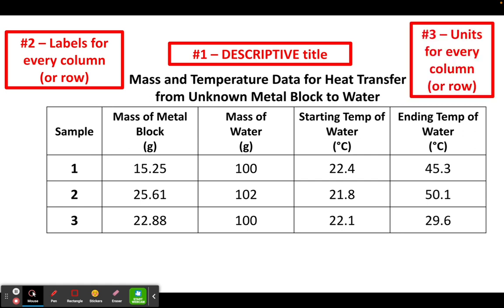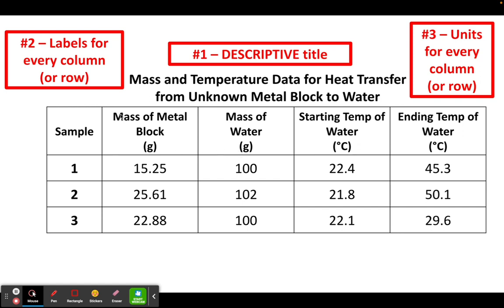And the third thing again is units. So every column has units, or row. If you're measuring in a certain unit and you have that in your rows, that's important too. So notice that for the mass of the block, you have grams in parentheses. A lot of times you'll put the units in parentheses.